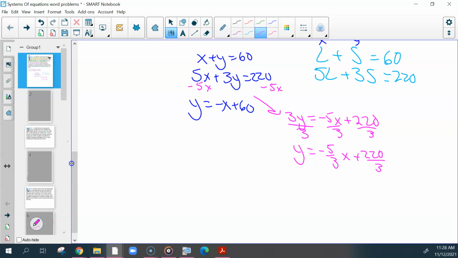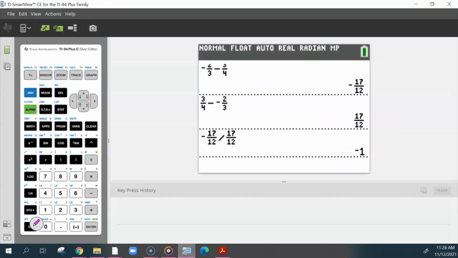Once you have both of your equations, you're going to go into your y equals on your calculator and type these both in. Negative x plus 60.